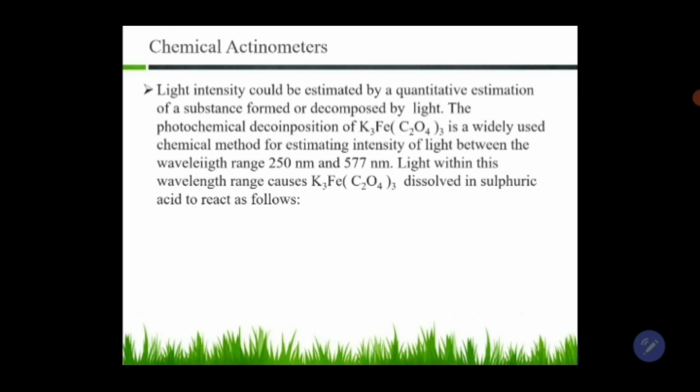Chemical actinometer. This is the most important method. Light intensity could be estimated by quantitative estimation of a substance formed or decomposed by light. So the technique is the photochemical decomposition of K3[Fe(C2O4)3], the oxalate of potassium and iron, which is widely used as a chemical method for estimating the intensity of light in the wavelength range of 250 nanometer to 577 nanometer.